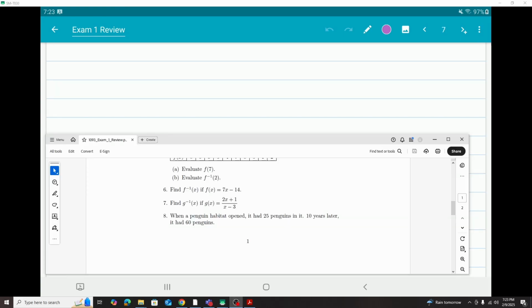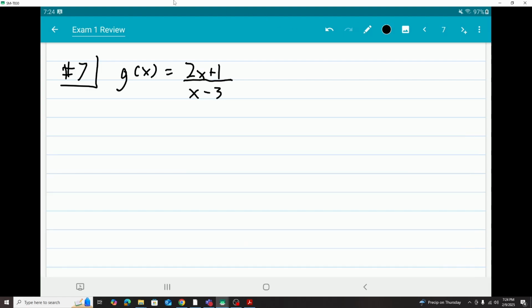So the next problem takes the first one and kind of ramps it up quite a bit. Find g inverse of x if g of x is equal to this function. G of x is 2x plus 1 over x minus 3. Well, that's our fraction there. First thing I'm going to do is call that y instead.